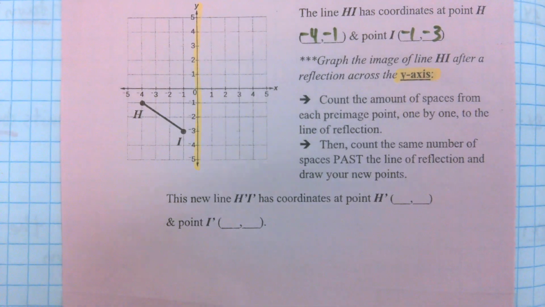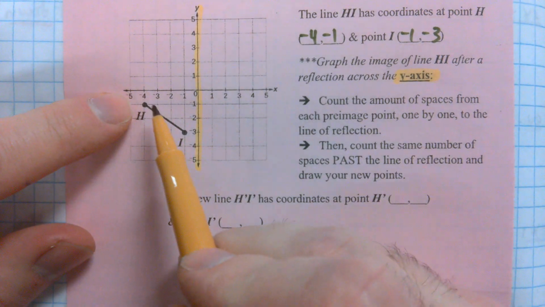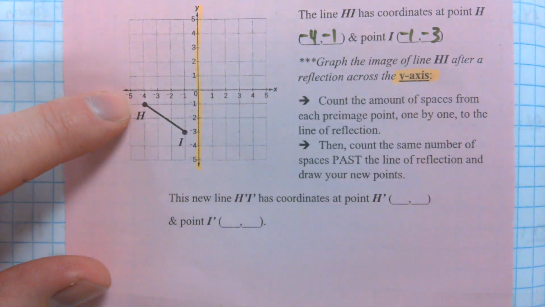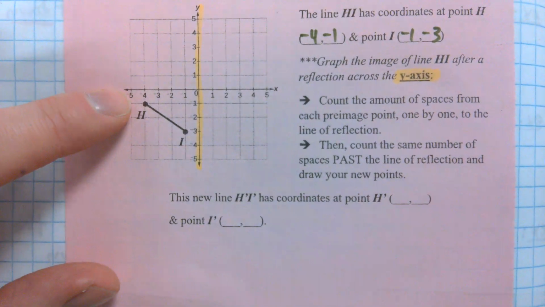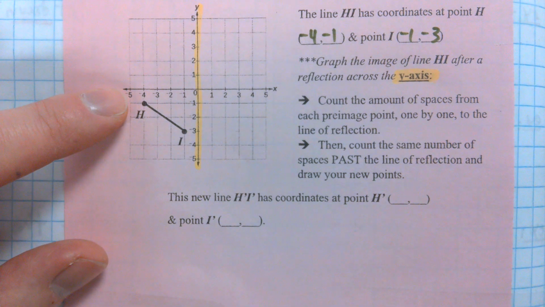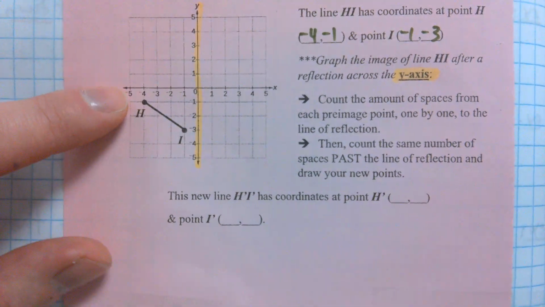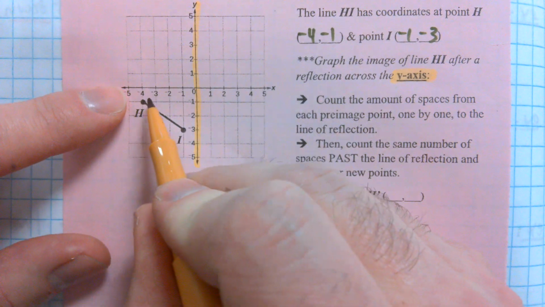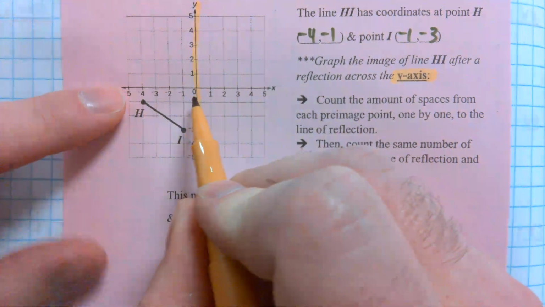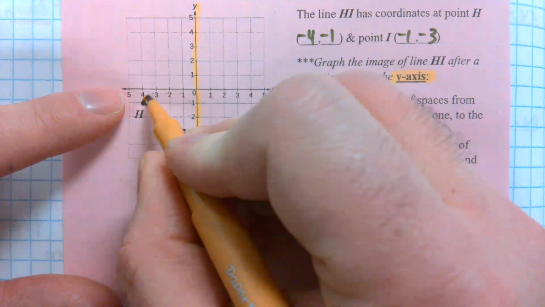So we'll see something a little bit different happen here. Let's start with point H. Here's H. In what direction do I want to draw my bumps? Up, down, left, or right? Take a look at my highlighted line. What direction should I go towards? To the right. We're counting towards that line of reflection. How many spaces? 1, 2, 3, 4 spaces.